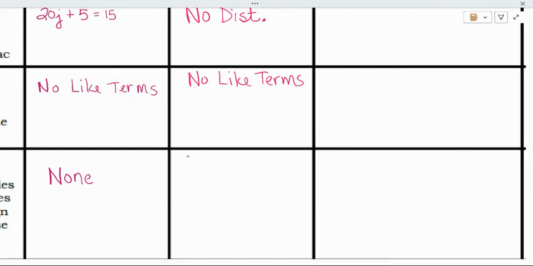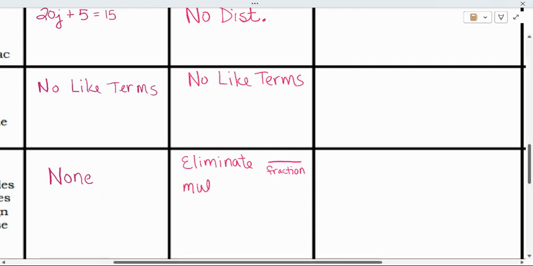I have to eliminate the fraction. Right? I have to get rid of that fraction. And I do that by multiplying by the denominator. Are you guys all right if I just write multiply by denom for denominator?